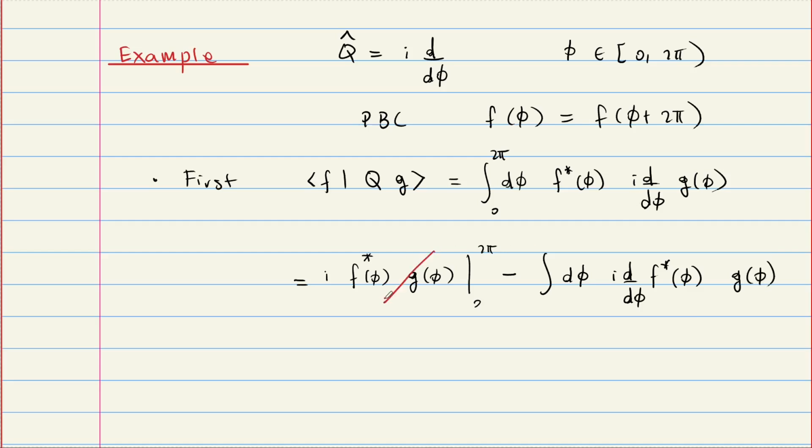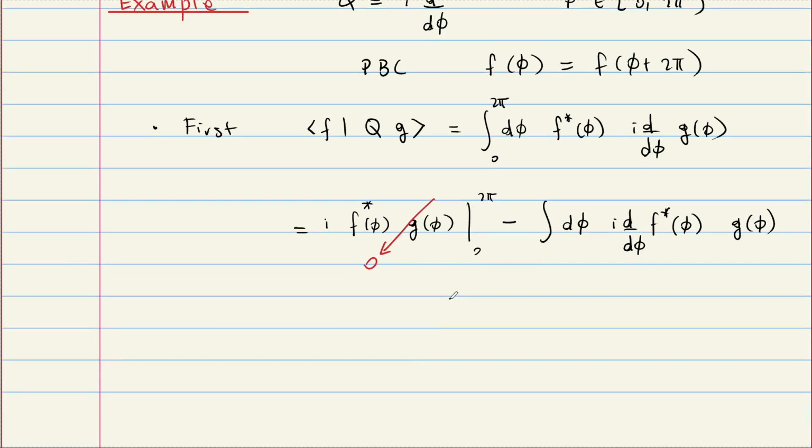So I claim the boundary term is 0. Why? Exactly, boundary conditions, right? If you do a 2 pi rotation, you come back to yourself and they cancel.